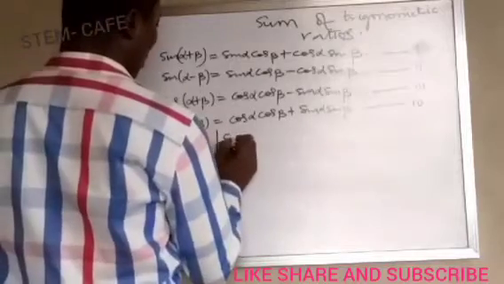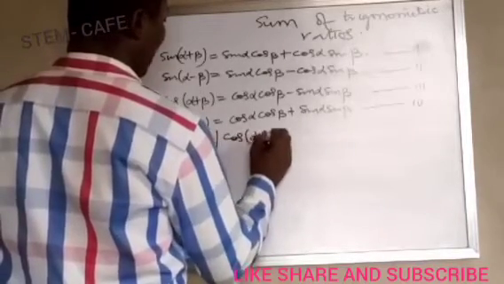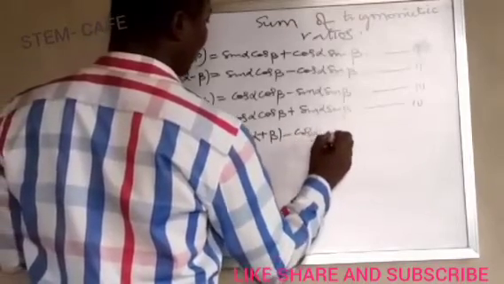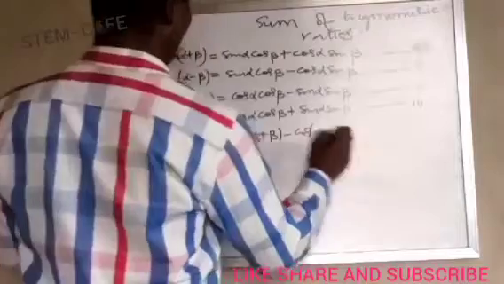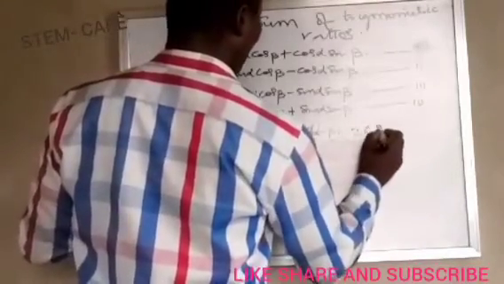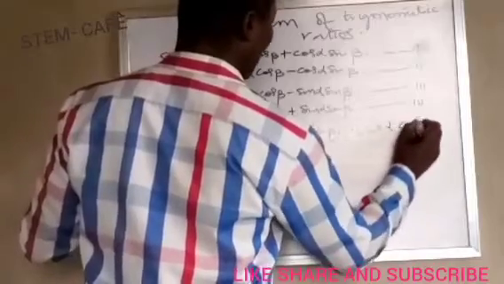So I'm going to have cos(alpha plus beta) plus cos(alpha minus beta). If I add, it's going to give me 2 cos alpha cos beta.